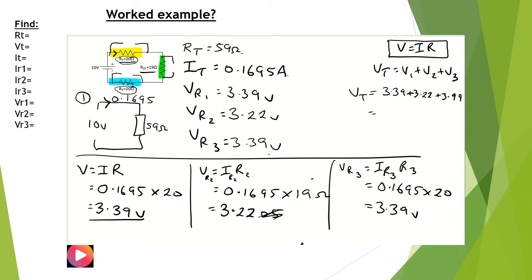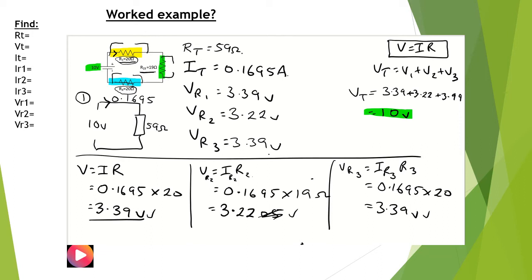Let's just add those up for a moment. 3.39 plus 3.22 plus 3.39 is equal to 10 volts. Now you can see that 10 volts is the same as the supply voltage. So all of these answers have been checked and we know that they are correct.